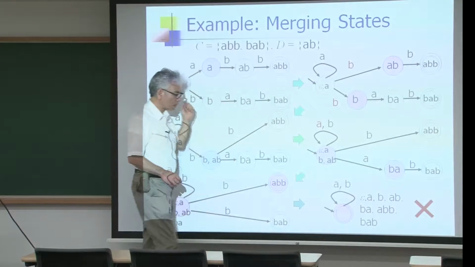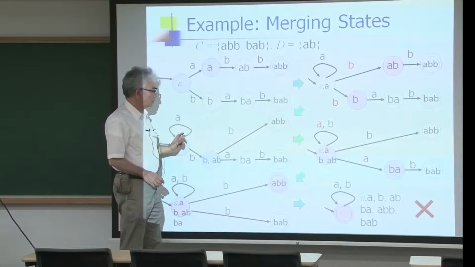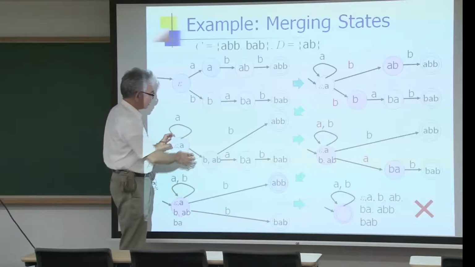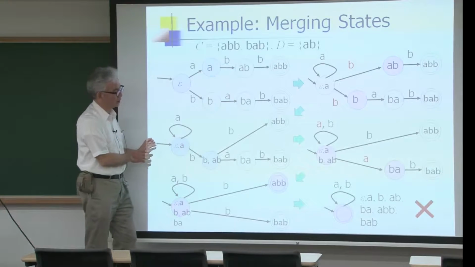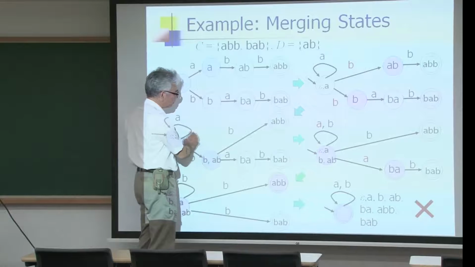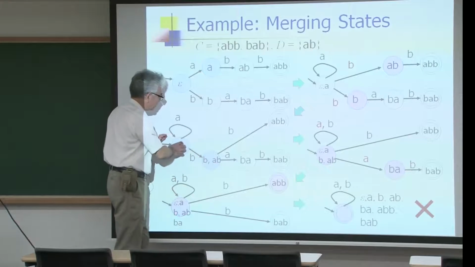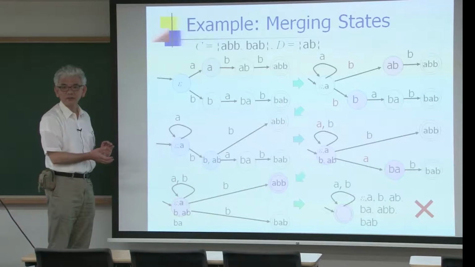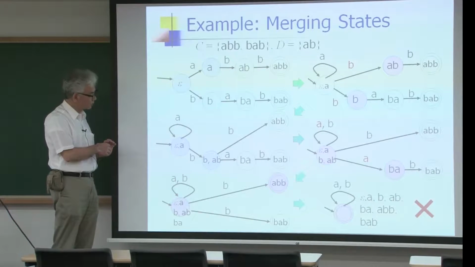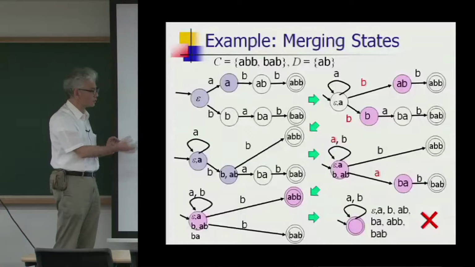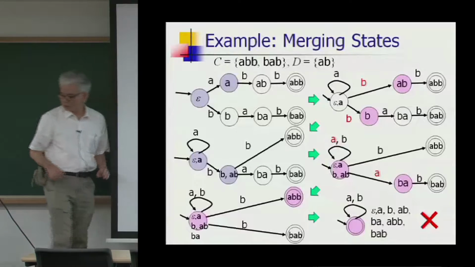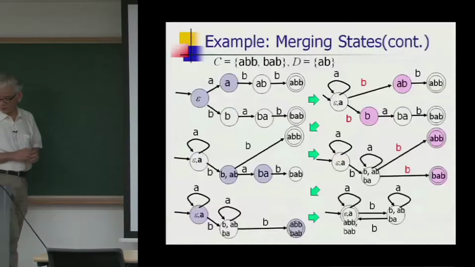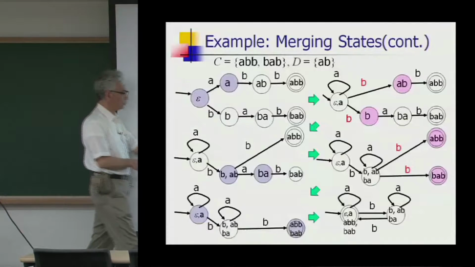So, these two states cannot be merged because it makes a contradiction. So we choose other states, this one and this one.